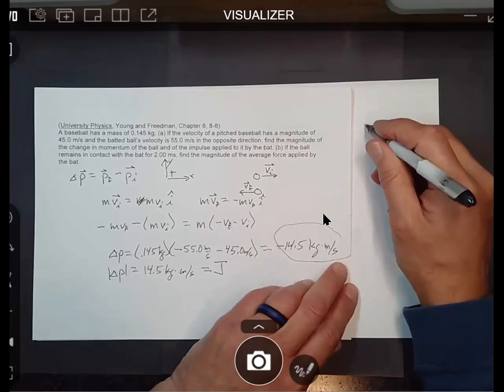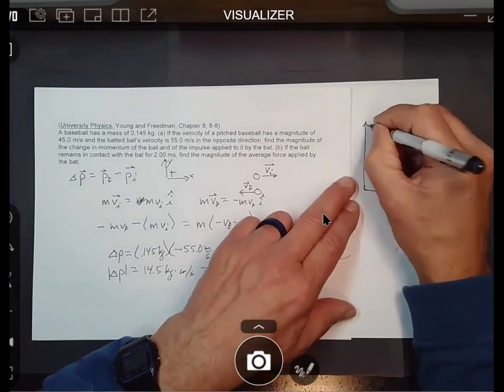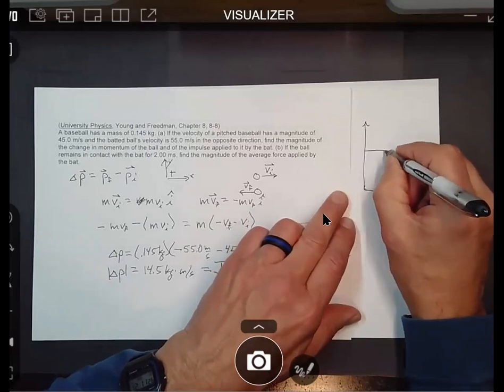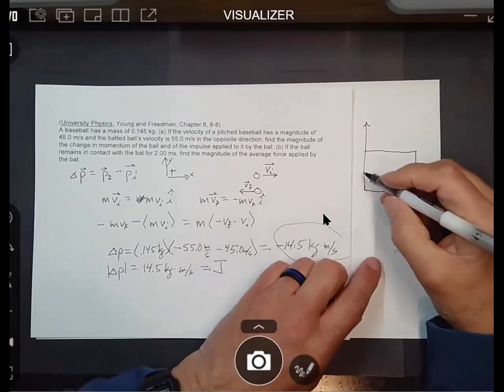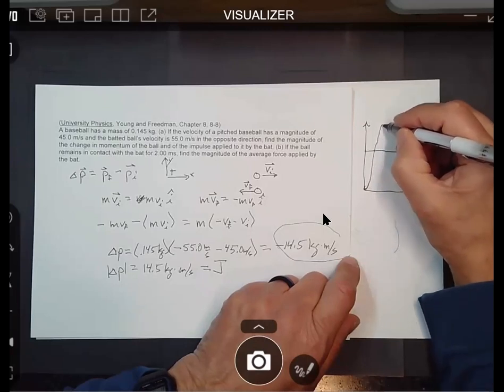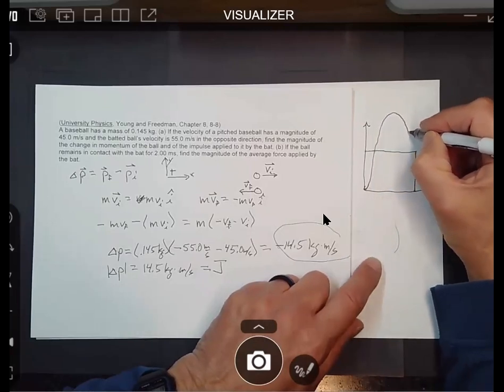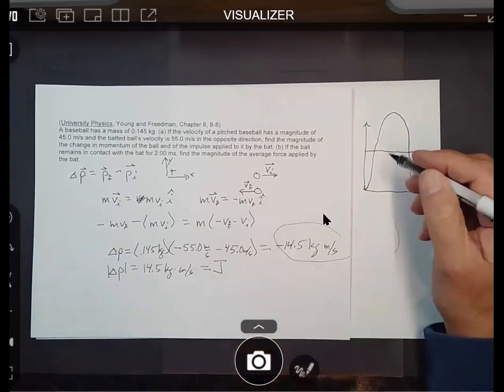Well, here's what we're doing here. We're going to imagine that we have a nice constant force. And actually, in a collision like this, probably what's going to happen is the force is going to start off very small, go up quite a bit larger, and then come back down to zero, something like that.